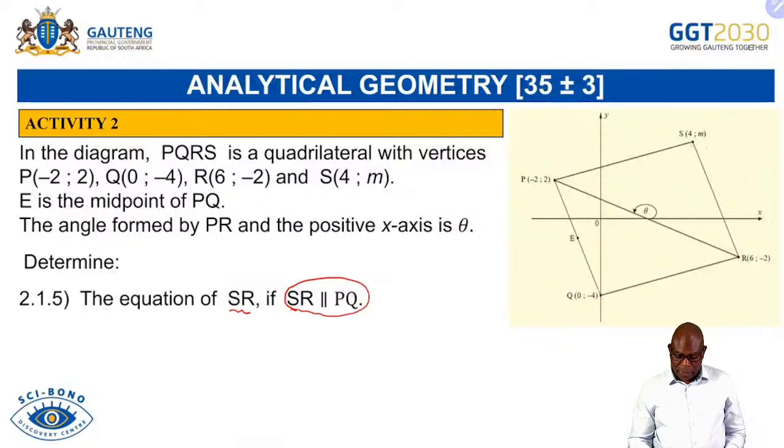So we have SR. We need that equation of SR. But it says it's parallel to PQ. So these two lines here are parallel. What do I know about the parallel lines? Their gradients are equal. So the gradient of that line, I know it. The gradient of PQ, I think we got it. It was negative 1 over 2. The gradient of that must also be negative 1 over 2. Why?